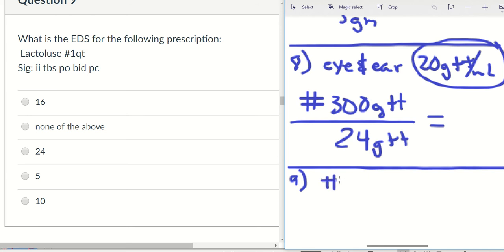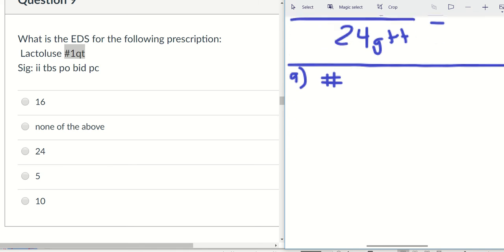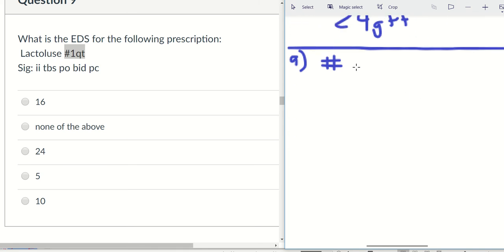How many mLs is in 1 quart? 960. Pint is 480. Quart's the bigger one. 960. All right. So just get those committed to memory.